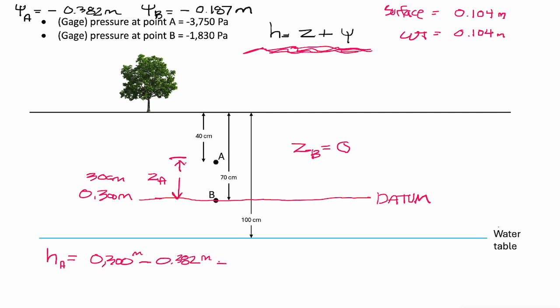And if I do that using B as datum, I end up with negative 0.082 meters at A. Head at B will be 0. That was easy. Minus 0.187 meters equals negative 0.187 meters.